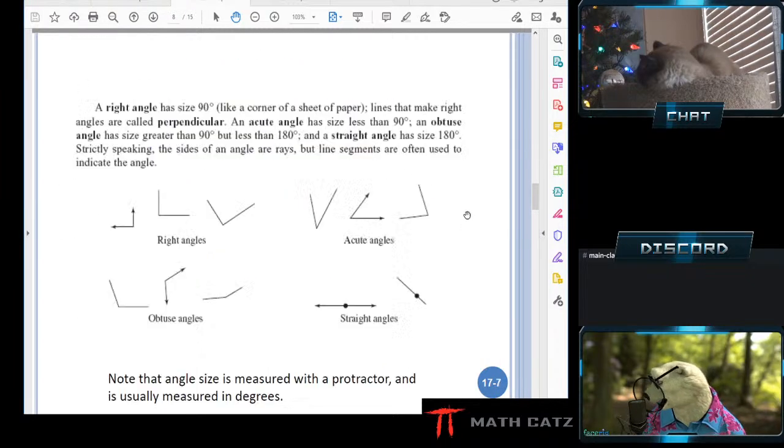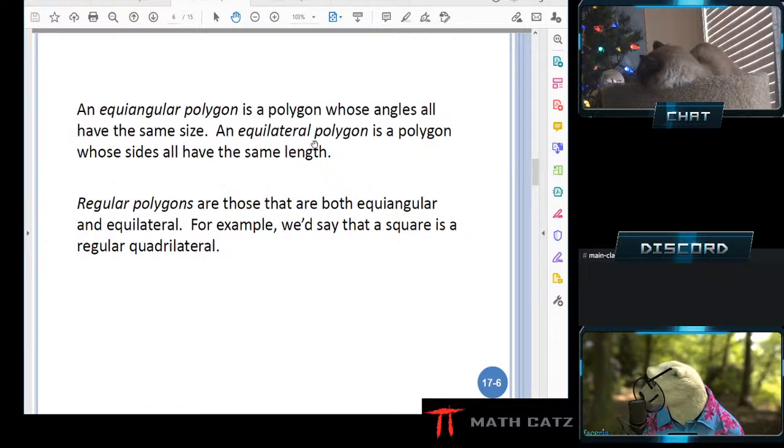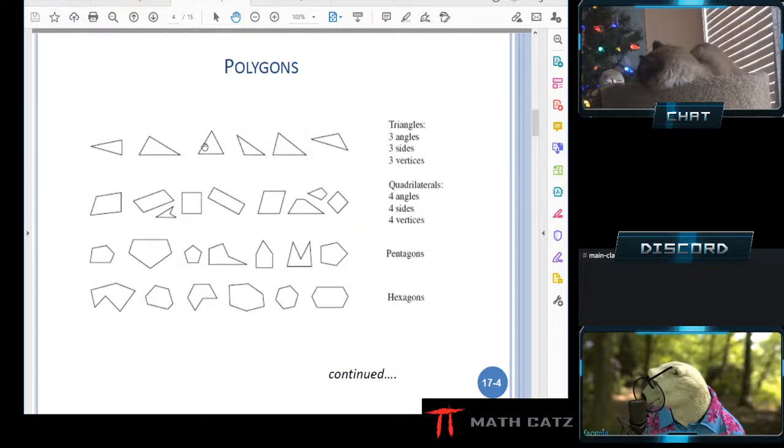And then when I have all 3 sides the same length, we call it an equilateral triangle, of course, because equilateral means all the same size, the side lengths. Now, in the case of a triangle, an equilateral triangle, let's say this one, looks pretty close, is also going to have all the interior angles the same, and it'll also be equiangular, and therefore we can also call it a regular triangle.